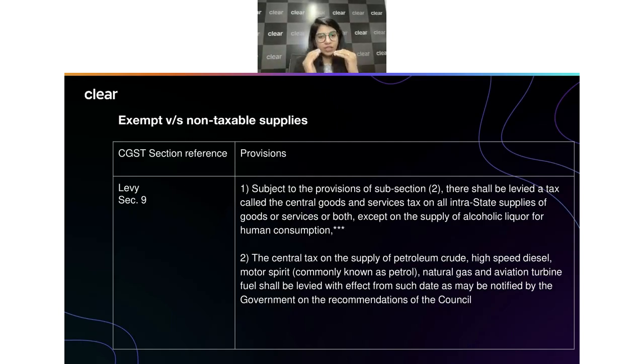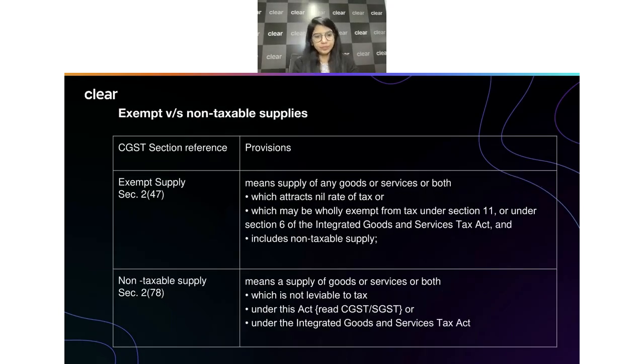All of these are non-taxable supplies and should be added over there, right? If you look into the definition of exempt supplies, which is already defined in Section 2, sub-section 47, it considers your nil-rated supplies, all exempted supply, and also it includes your non-taxable supplies.